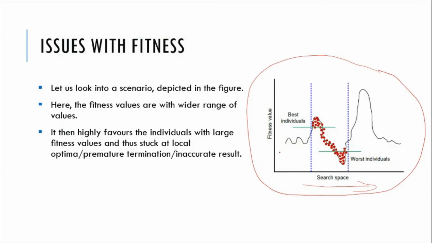So as the value of the variable represented in this dimension increases towards the right, as commonly we take in the x-axis, the fitness values go like this, as this curve represents.